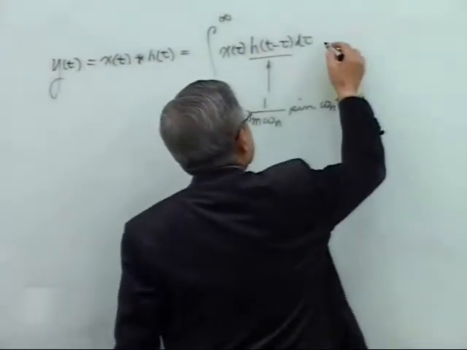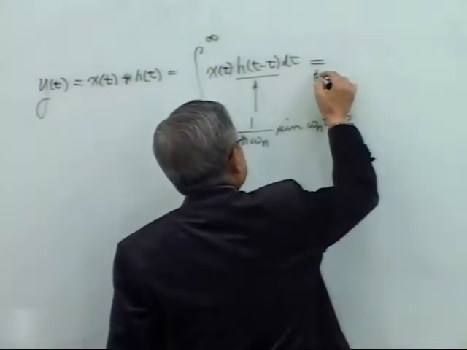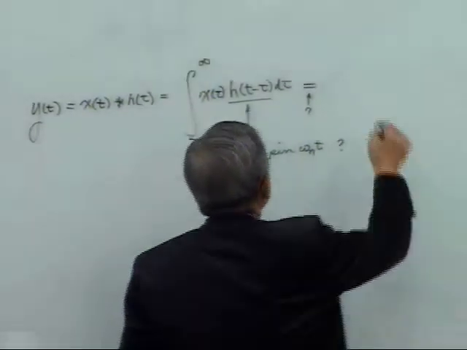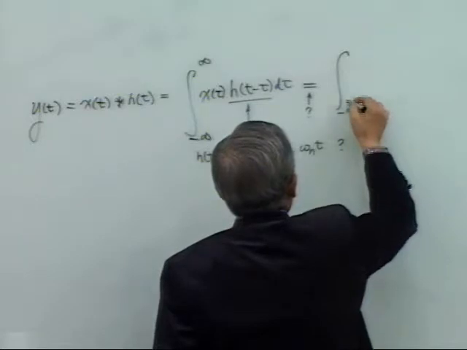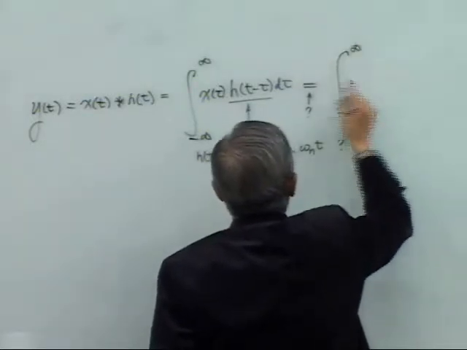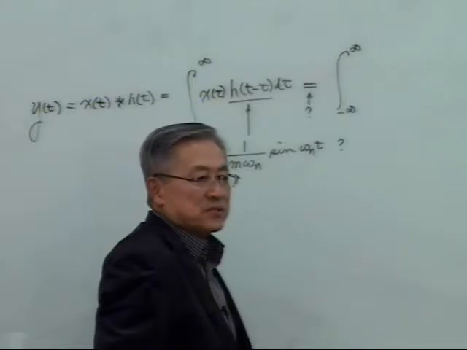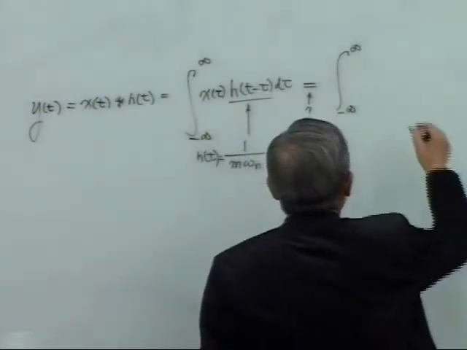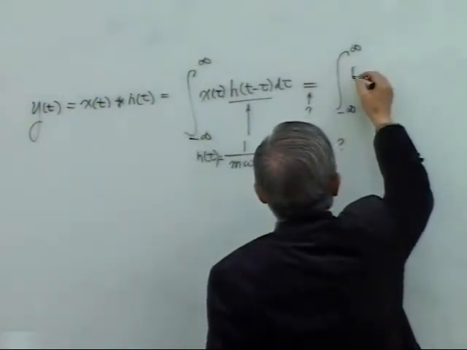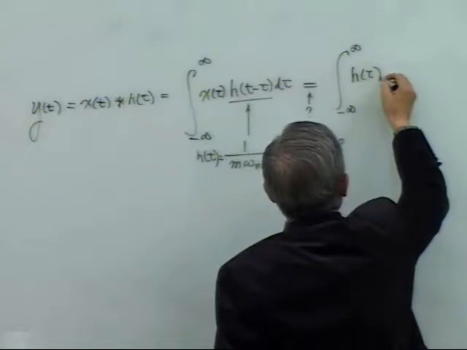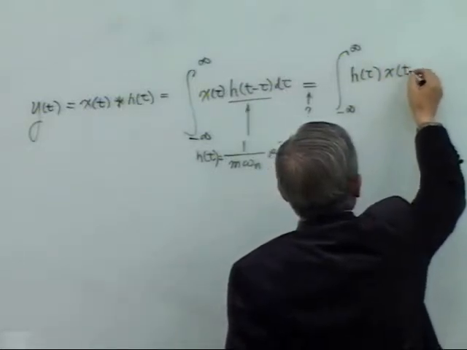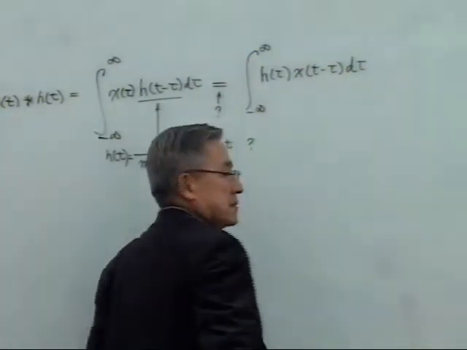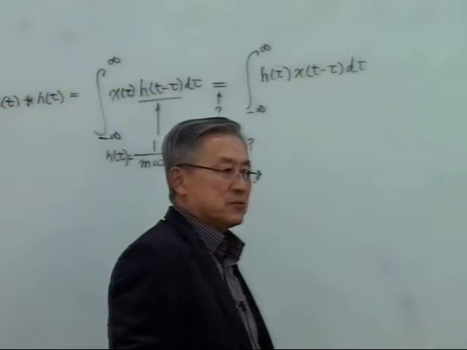And this, I ask you sometime to prove the equivalency, which is equal to, general expression, minus infinity to infinity to cover the whole time domain length, H of tau, x of t minus tau, d tau. Equivalency.